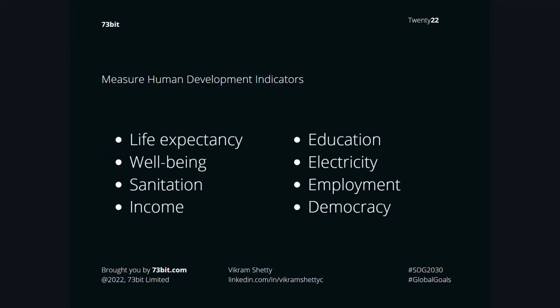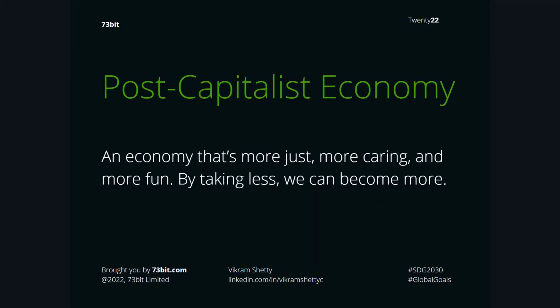So which are the indicators we should be focusing on, right? If not GDP, then what? These are some of the indicators that have been suggested: life expectancy, well-being, sanitation, income, education, electricity, employment, democracy. These are the few human indicators that need to be measured instead of GDP. This is the alternative that has been presented.